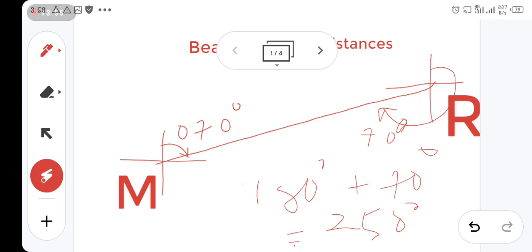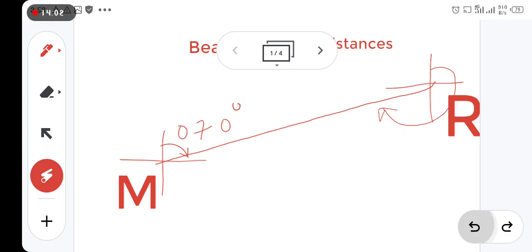All right. Now, I told you that there is a simpler way for us to do this. I gave you your note. I said when the given angle is lesser than 180 degrees, then the back bearing will be equal to the given angle plus 180 degrees. So remember that the bearing of R from M is 70 degrees.